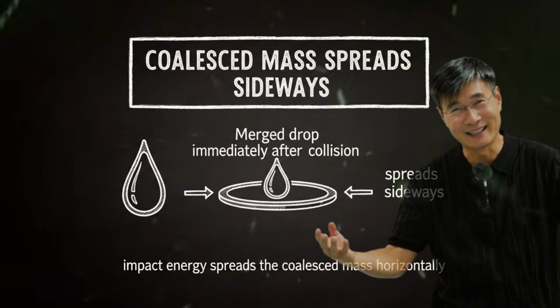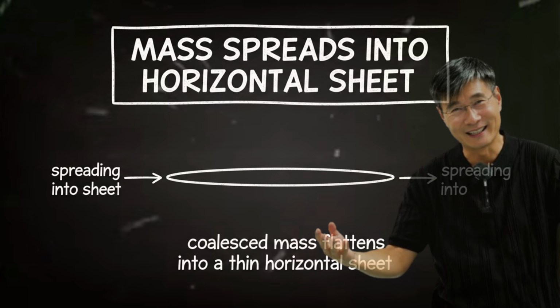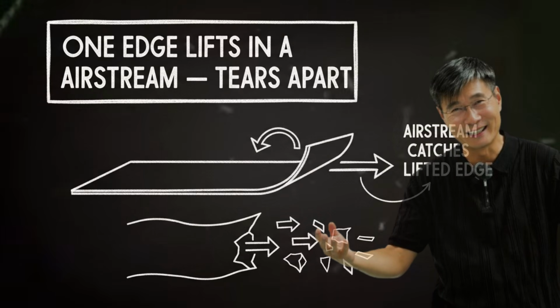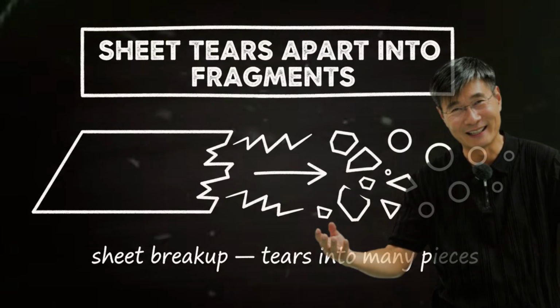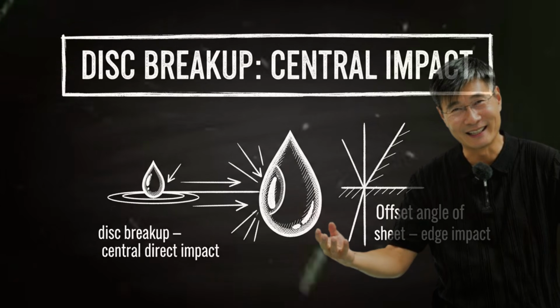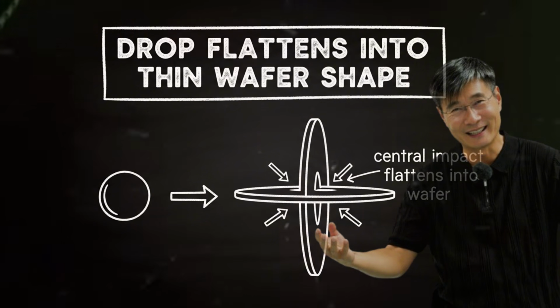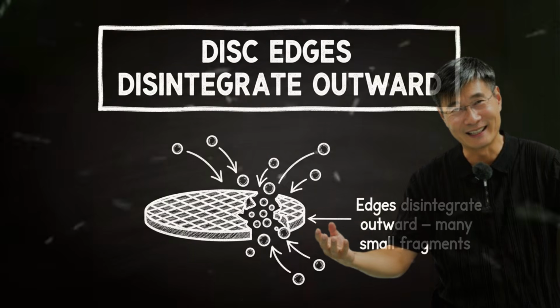Sheet breakup, where a more direct collision spreads the coalesced mass sideways into a horizontal sheet before one edge lifts in the airstream and the whole thing tears apart. Disc breakup, where a central impact flattens the drop into a thin wafer whose edges disintegrate outward.